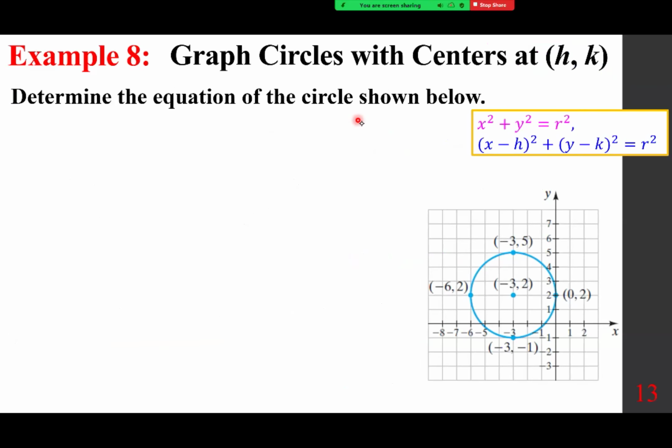Determine the equation of the circle shown below. It is centered at negative 3, 2. The radius is this distance. As you can see, since they have the same y coordinate, the distance between the two x coordinates is 3.